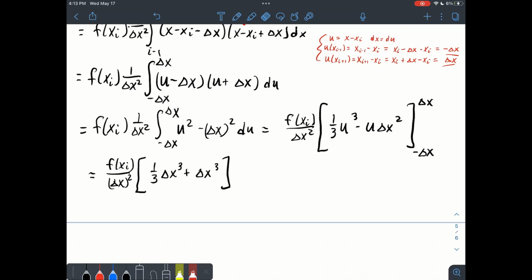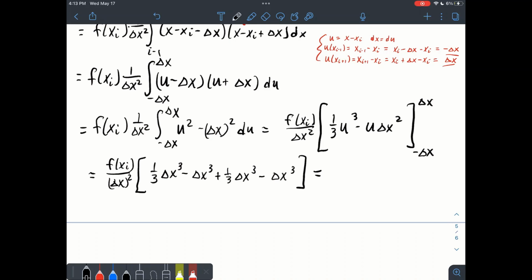No, we gotta just do one at a time, right? I was getting ahead of myself. So we have 1/3 u cubed minus delta x cubed, and then minus, but it's plus 1/3 delta x cubed, and then we have plus, so this is actually minus delta x cubed.